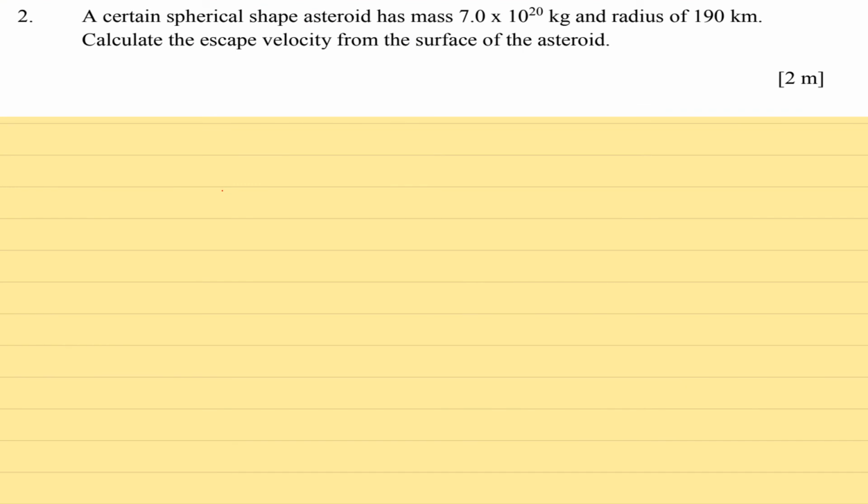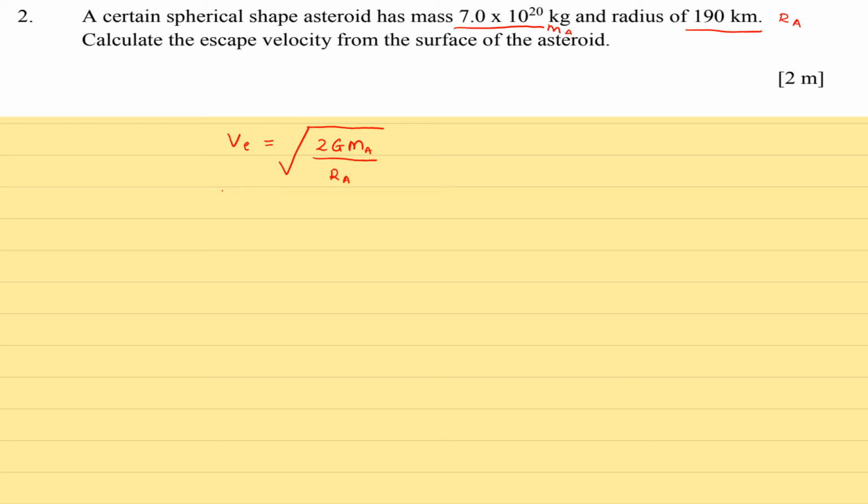Okay, last question. A certain spherical shaped asteroid has mass 7 times 10 to the power of 20, so this is mass of asteroid, MA, and radius 190 kilometer, so this is radius of asteroid. Calculate the escape velocity from the surface of the asteroid. So V equals square root of 2G m asteroid divided by radius asteroid.